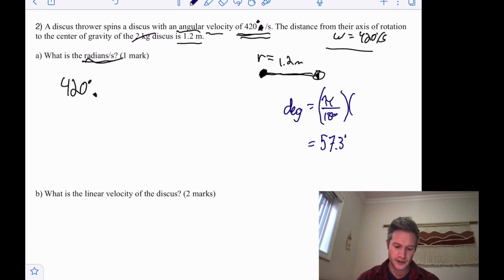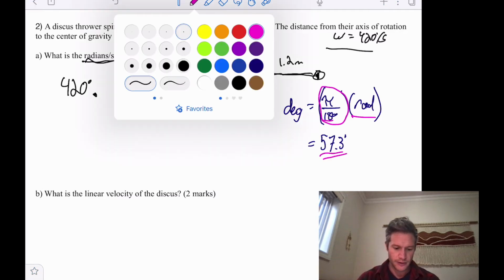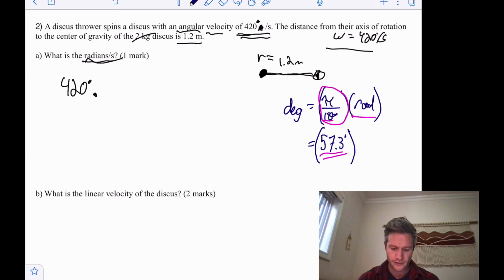Okay, but we also have this rad here. So what we do with that is, again, we want to move this component over because we're trying to solve for that. So we divide both sides by pi over 180, or another way of saying the exact same thing is dividing both sides by 57.3.